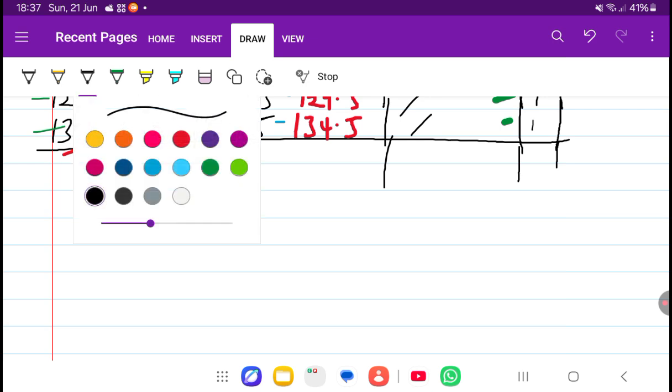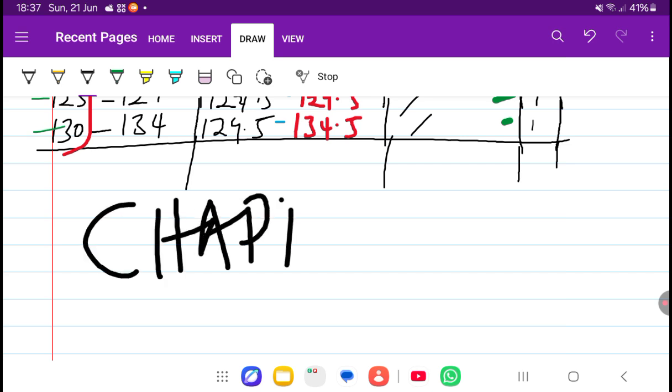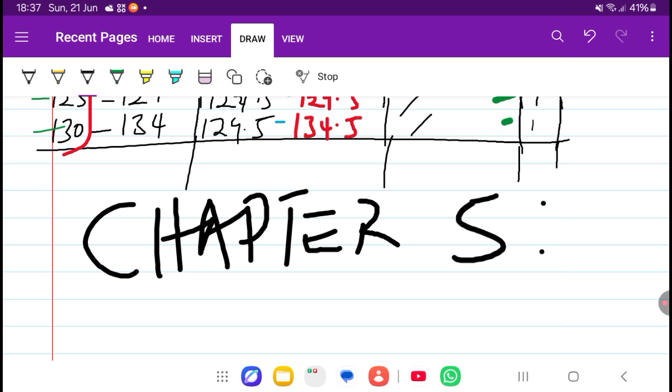So we are going to look at chapter 5, where our emphasis is about the graphs, where we shall do the histogram, the bar charts, the frequency polygons, the ogives, the stem and leaf, the box and whisker plots, the Lorenz curves, the Pareto curves or graphs.